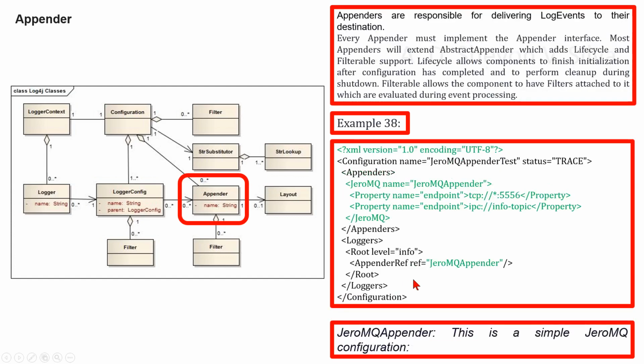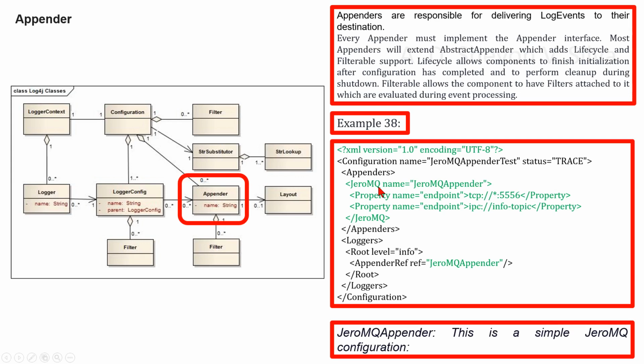Now we are considering the JeroMQ appender. This is a simple JeroMQ configuration. As of Log4j 2.11.0, JeroMQ support has moved from the existing module log4j-core to the new module log4j-jeromq. The ZeroMQ appender uses the JeroMQ library to send log events to one or more ZeroMQ endpoints.